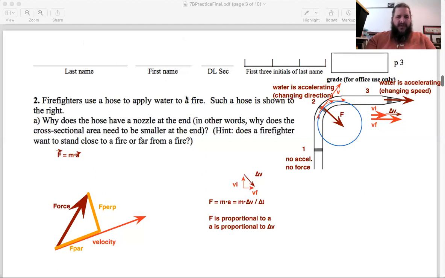Let me sketch that out real quick. Let's say this is the orbit, and then we have the sun at the center, and then we have a planet.